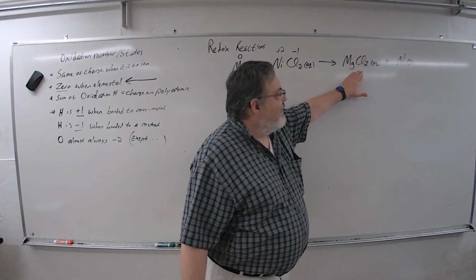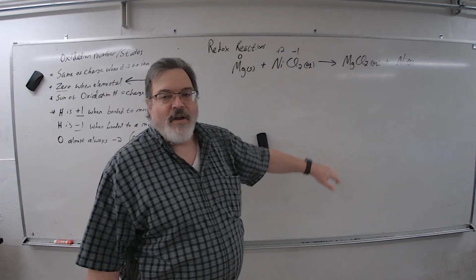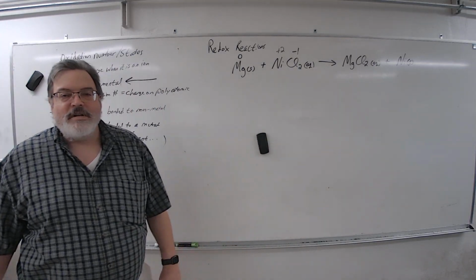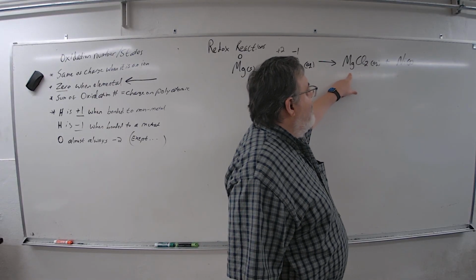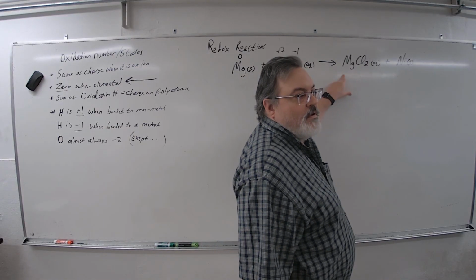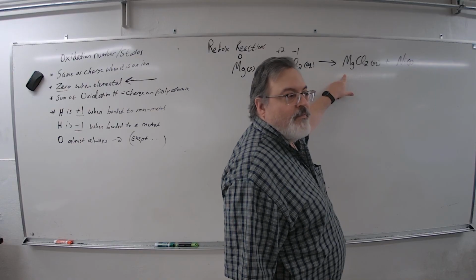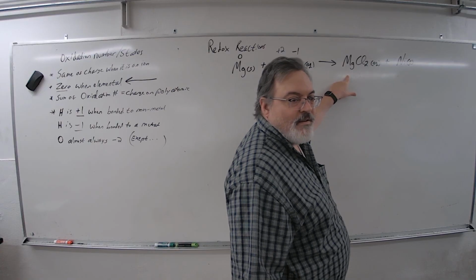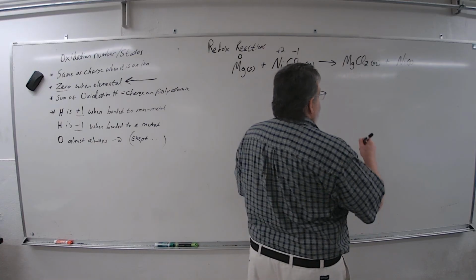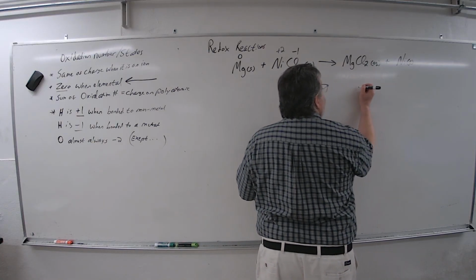Okay. Is this an ionic compound or covalent compound? Metallic compound? Covalent. Chlorine is a nonmetal. Magnesium's on the left side. So it's an ionic compound. What's the charge on chlorine here?